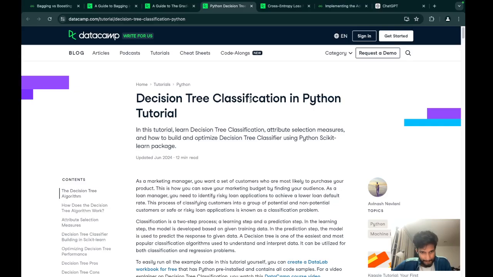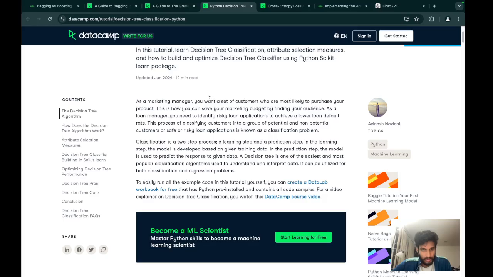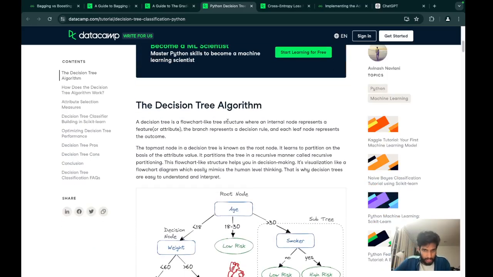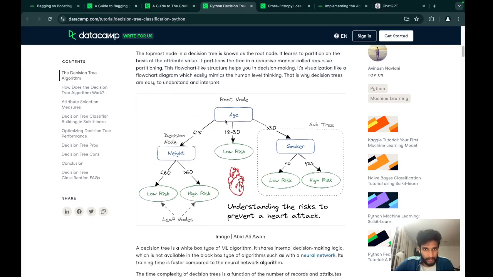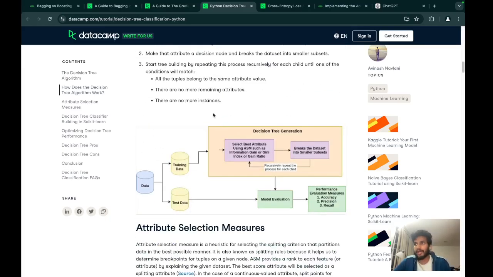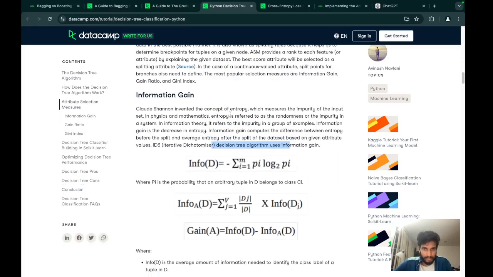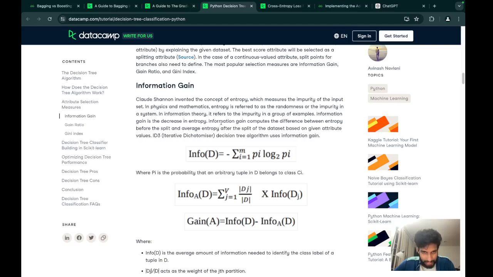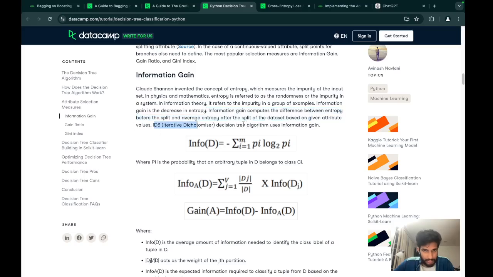This is the same article that told us to screw math. No, we don't hate this guy yet, okay? Let's not hate anybody. But we do not like some people. Anyway, information gain computes the difference between entropy before the split and average entropy after the split based on the given attribute values.